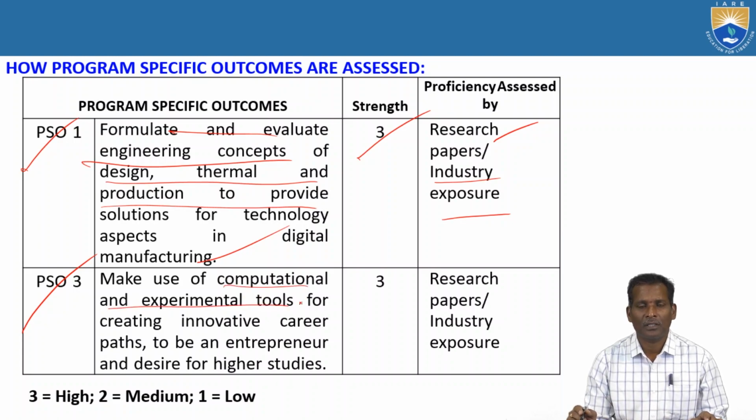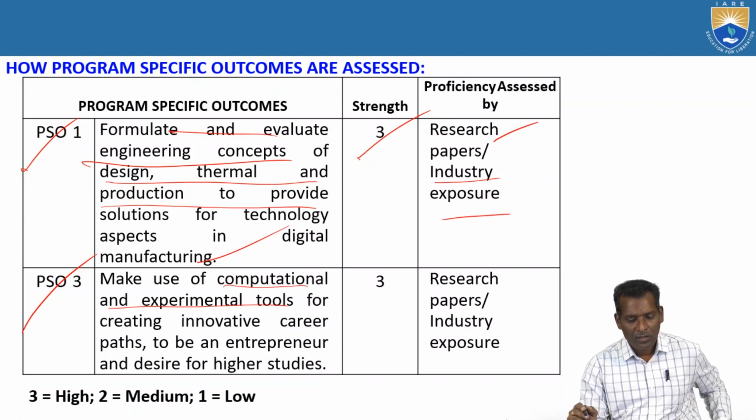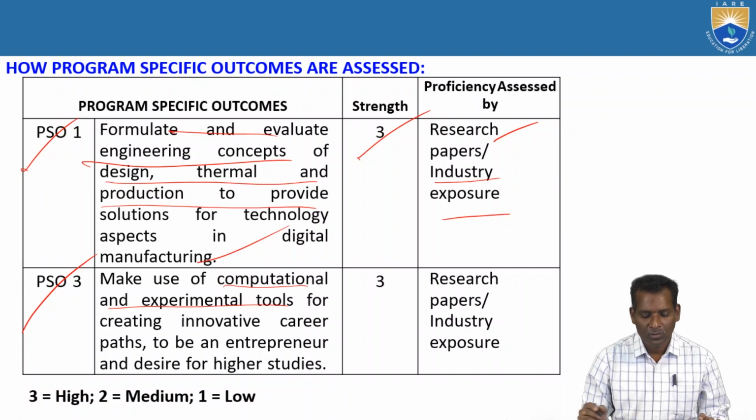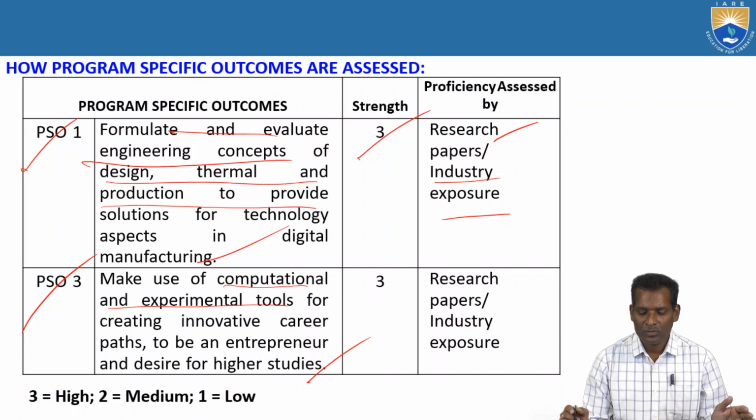The second, PSO3, is to make use of computational and experimental tools for creating innovative career paths, to be an entrepreneur and for the desire for higher studies. These PSOs are related to our program, and the proficiency will be assessed by using research papers and industry exposure.